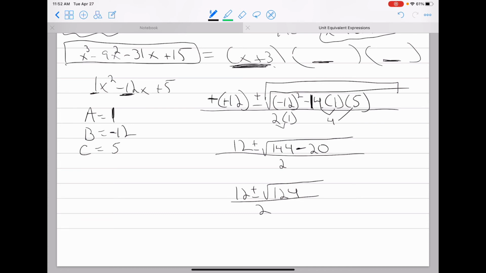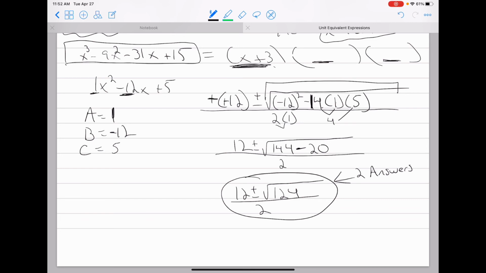It doesn't have an exact square root, which is why, since there is no exact square root to 124, it's like a little bit more than 11, we're just going to keep this as an answer. I don't have to simplify it anymore. So remember, this right here is actually 2 answers. And again, remind me, are these answers factors or are they roots?